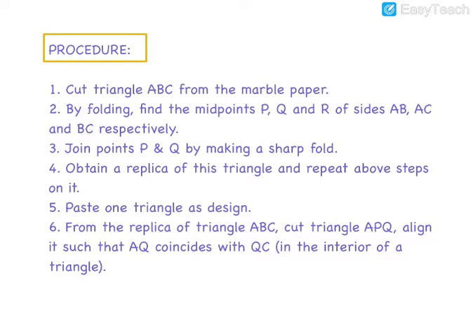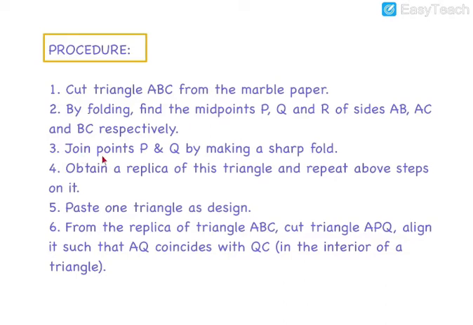That will be the midpoint R. And if you don't understand how to obtain the midpoints by folding, then you can simply use your ruler to mark the midpoints, but make sure that they are accurate, because if done incorrectly, then the figures obtained during the activity will not align.